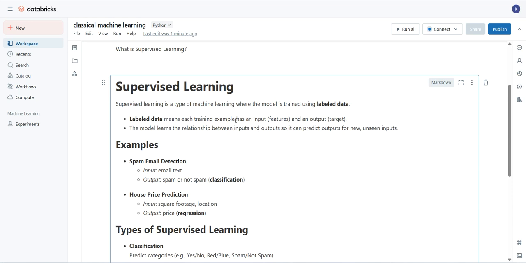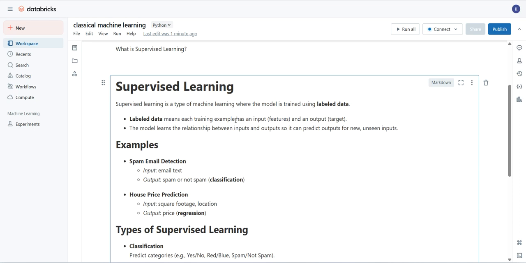So the data set has an input and an output, and the output is what we call the label. The model learns the relationship between input and output, so it can predict the output for new and unseen input.